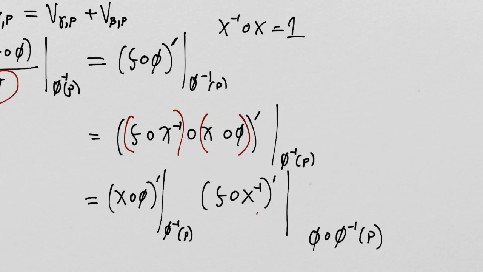But ultimately, I need a coordinate to be acted on by the x inverse. So then I need to go x after. So the chain rule complicates it, because when you split the chain rule up, the domain of this guy is different than the domain of that guy. So this now is the expression.